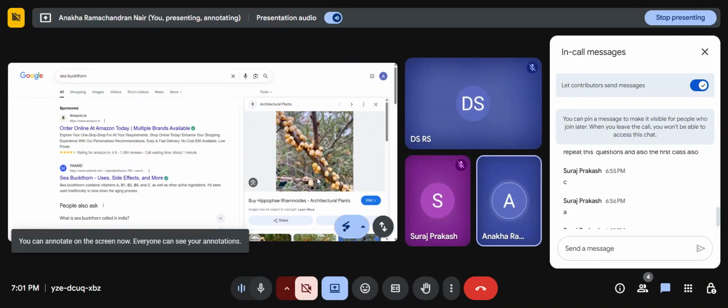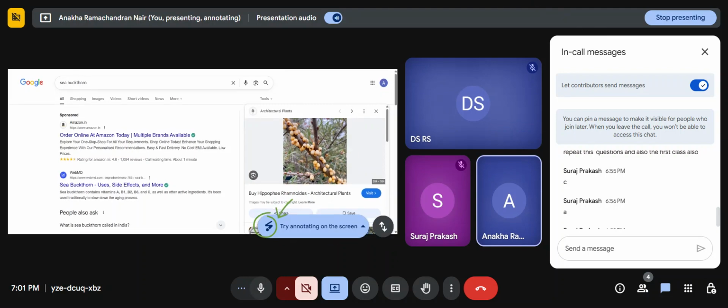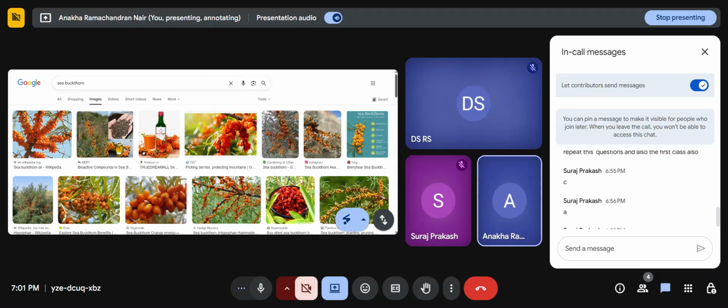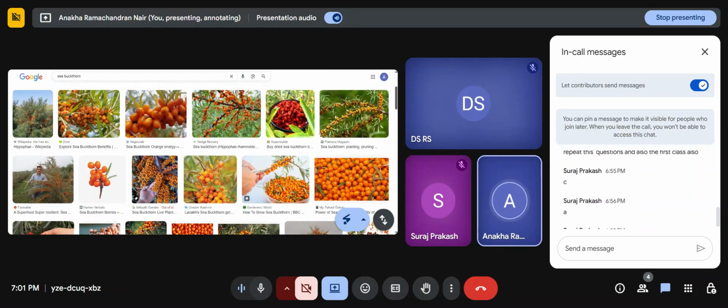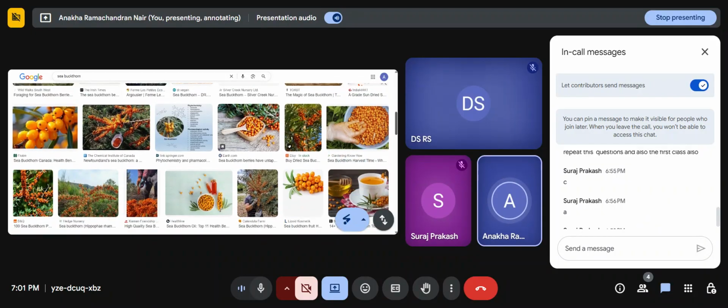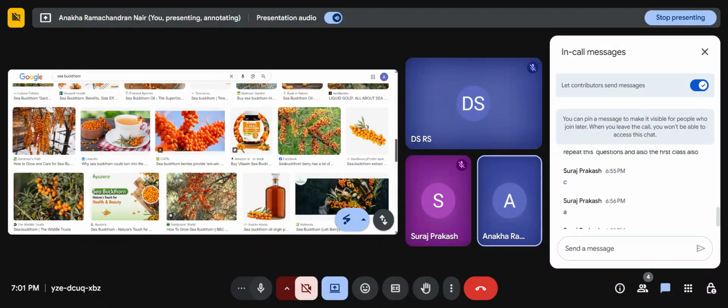So the picture that you're seeing right now is the sea buckthorn. I'm not able to find what these plants are called in Hindi or any other language, but these are sea buckthorns. Right?